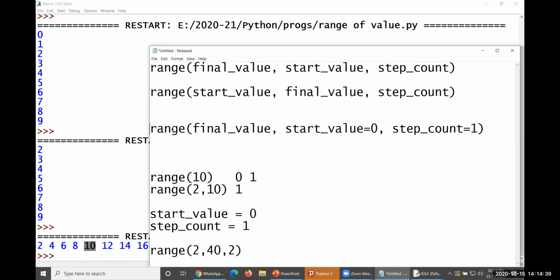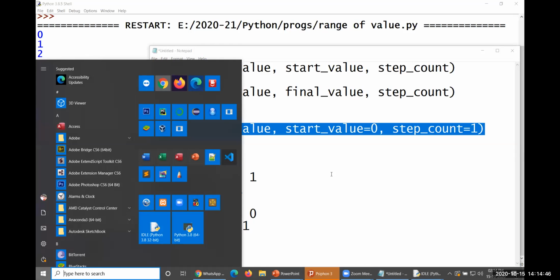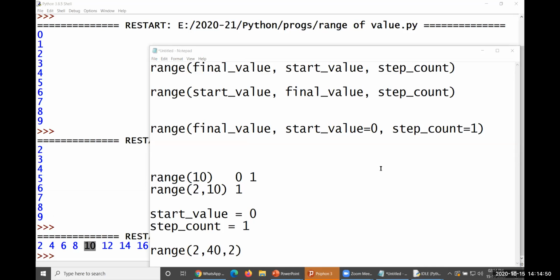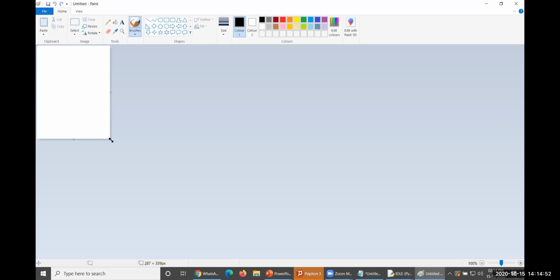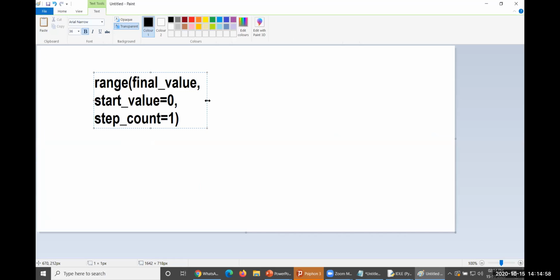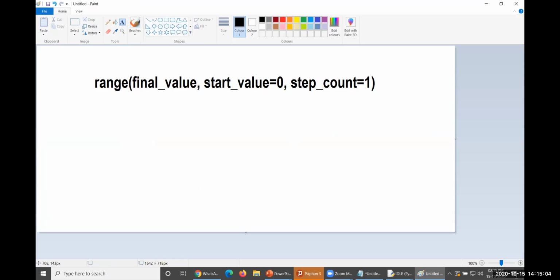So let me give you one more very important point to understand here. Whatever function you may consider on your own, its definition will be taken something like this, and these are the specific values you have assigned here.